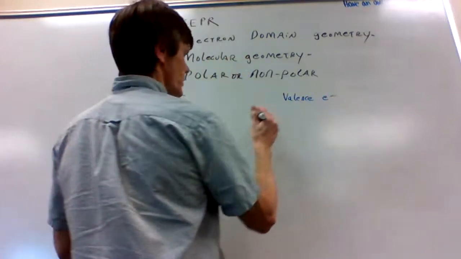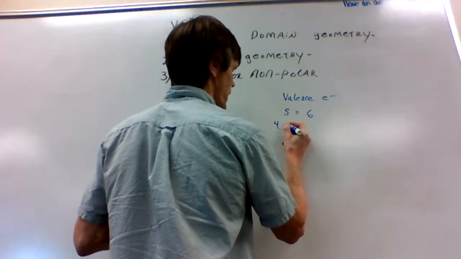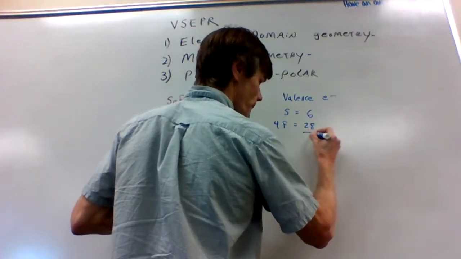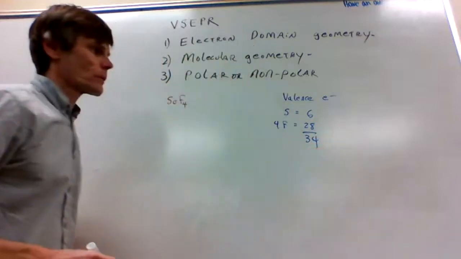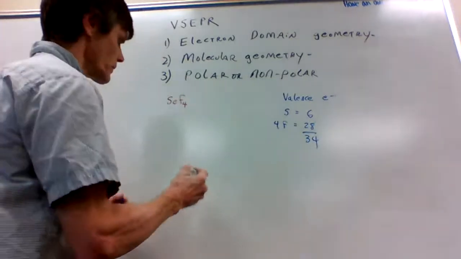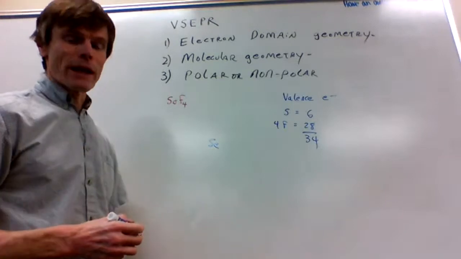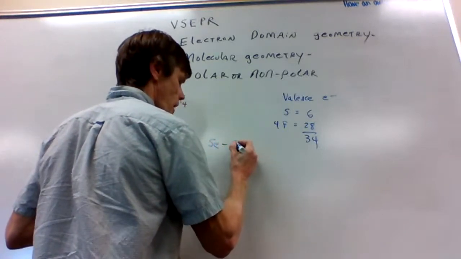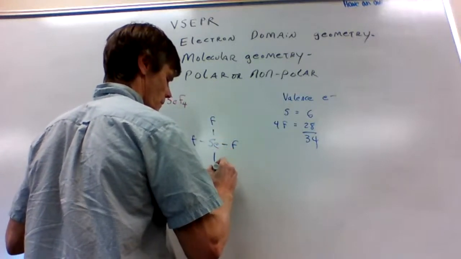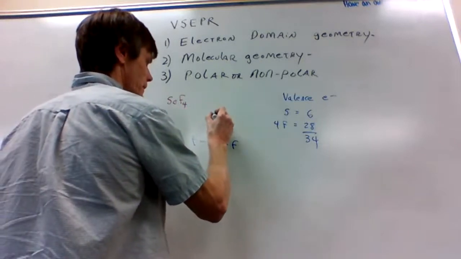Our steps include taking account of the number of valence electrons we have available, we have 34 valence electrons, writing a skeletal structure, putting in bonds to our surrounding fluorine atoms, and then fulfilling the octets of the surrounding fluorine.